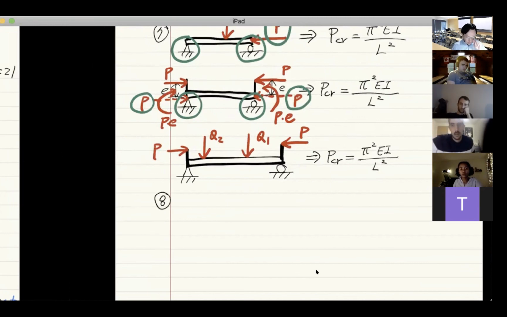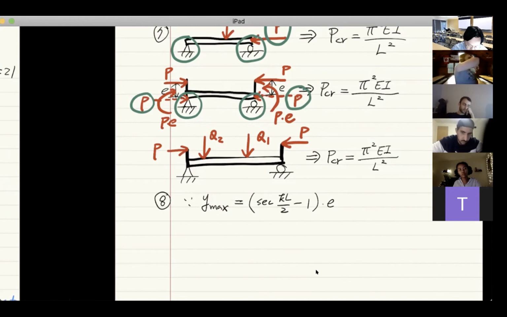And from the previous case, we already know that Y maximum, which is this example, we already found that Y maximum equals secant of K over 2, minus 1, times the eccentricity E, right? That's what we found in step 6.